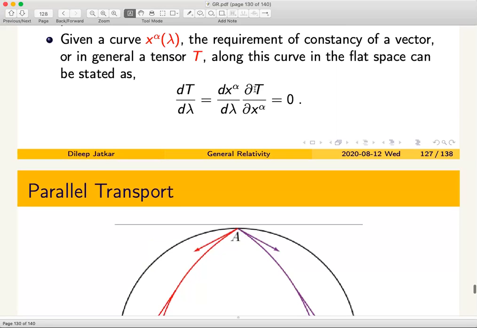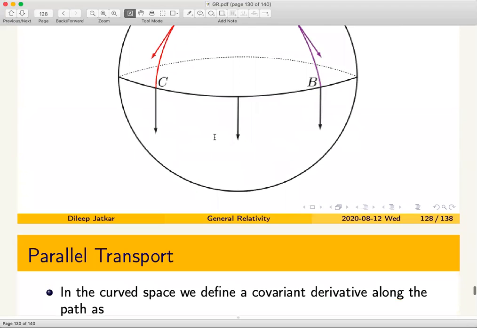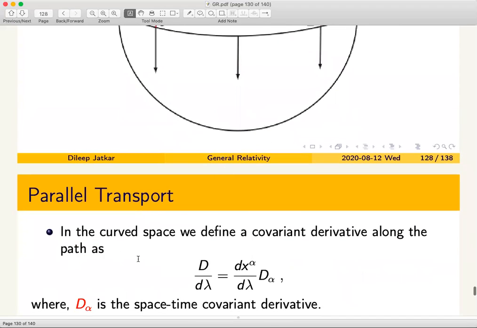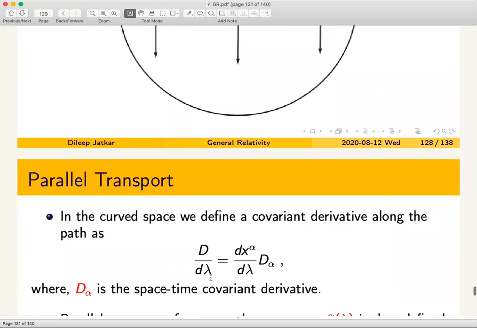So to avoid that, what we could do is replace this quantity by defining a covariant derivative along a path, and that is defined in this particular fashion. You define D by d lambda as dx alpha by d lambda times the covariant derivative, instead of the partial derivative.